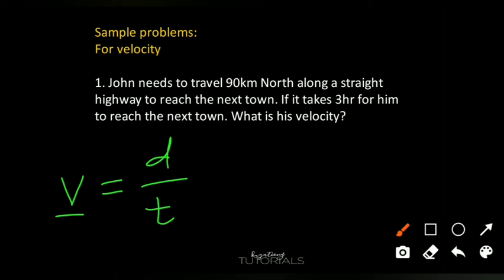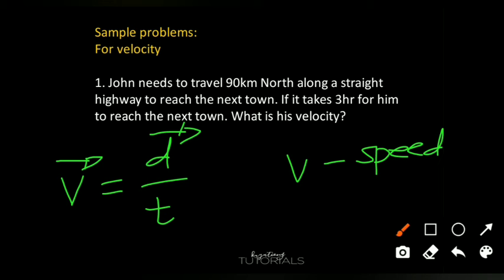So dinhi, since velocity na, ang V ato ra butangan og arrow. Si D pud atong butangan og arrow. Okay? Para maato kibaling ma-show nga naay direction. Okay? So kung V ra, that is speed. Remember ha? While if nanay arrow sa ibabaw, that is already velocity.